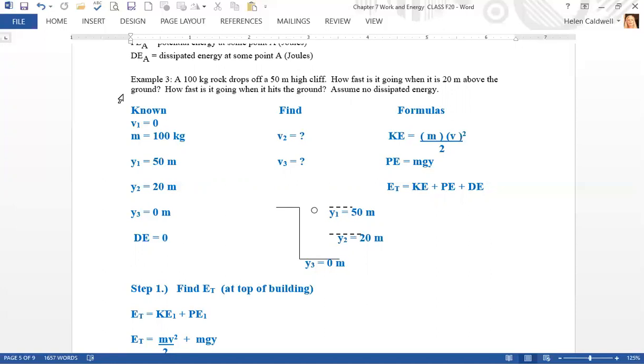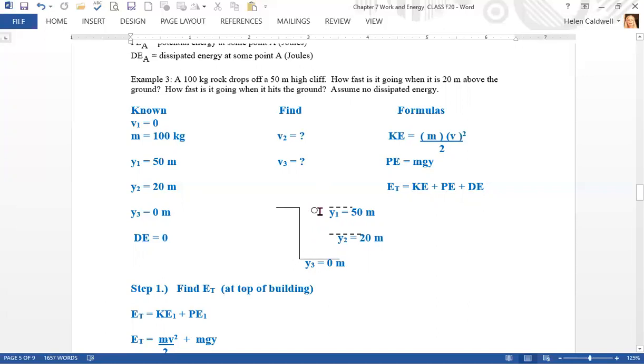And for us, because our dissipated energy is 0, our total energy will be kinetic plus potential at any one location. So what does that mean? That means up at the top, if you take the kinetic at the top and the potential at the top, they add up to give the total at the top. But the total at the top is the same as the total at the 20-meter mark, is the same as the total at the ground.